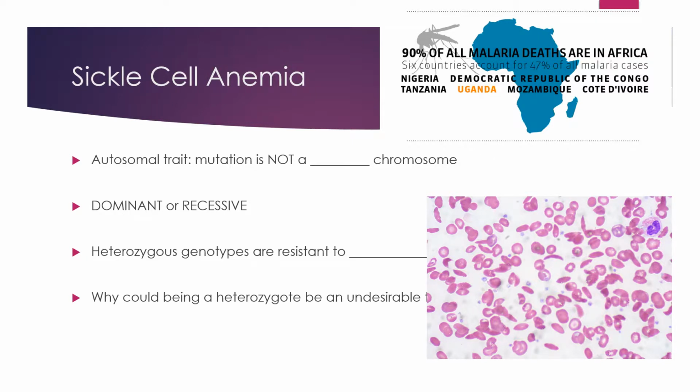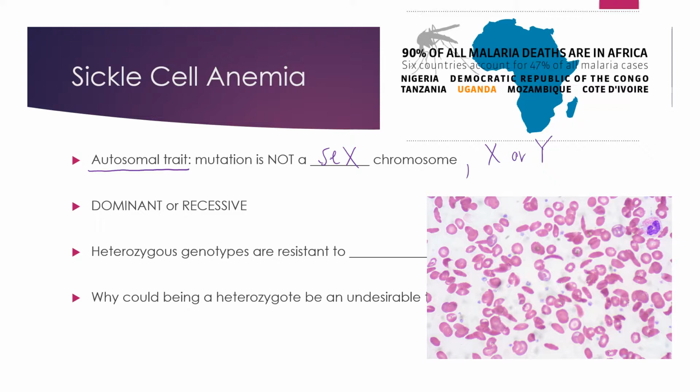All right, so the first genetic disorder we're going to talk about is sickle cell anemia, and it's termed an autosomal trait. That means this mutation is not on a sex chromosome. So what are our sex chromosomes? That's going to be your X or Y chromosome. So sickle cell anemia is a mutation that is not on the X or Y chromosome.